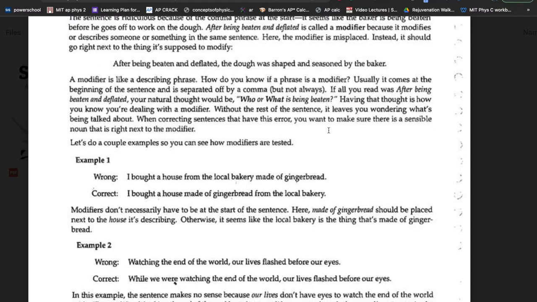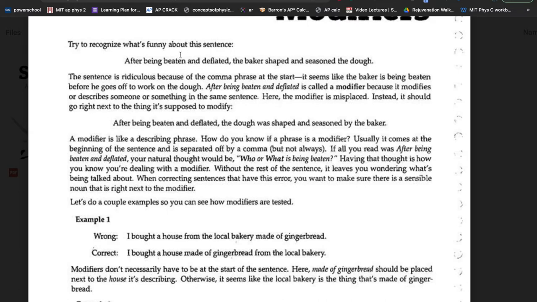And then from the local bakery makes more sense. Over here as well, what's being beaten and deflated? The dough. So it doesn't make sense if you put that description and the subject, the dough, really far away. Put them next to each other, so the reader understands that they're referring to each other.